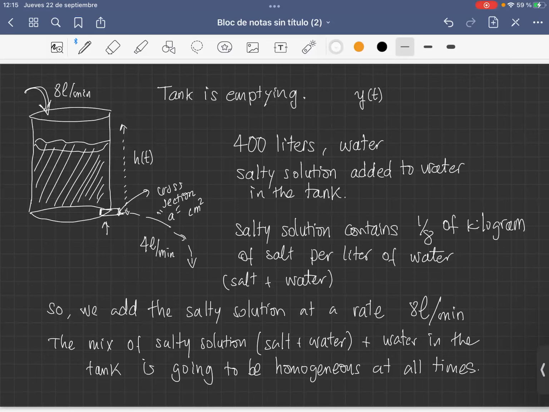So what we have to get is the concentration. Let's say Y is the concentration of salty solution in the tank. So what we want to achieve is to get the concentration of the salty solution at any time in the tank. So let's see.